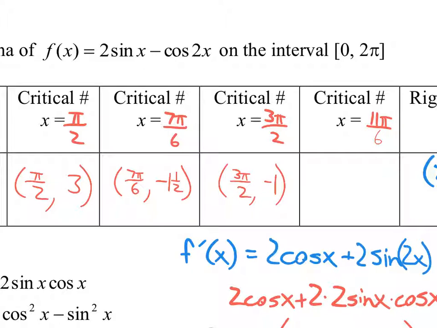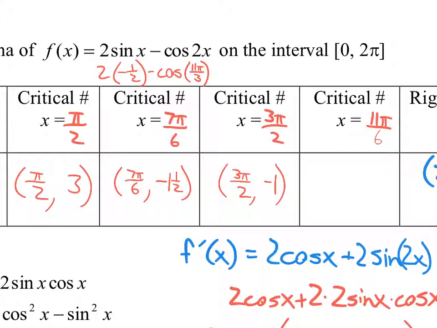Alright, so now let's try this here. 11 pi over 6. 2 times the sine of 11 pi over 6. What's the sine of 11 pi over 6? Negative 1/2. Minus cosine of 2 times 11 pi over 6, which is 11 pi over 3. So that's going to be 5 pi over 3.